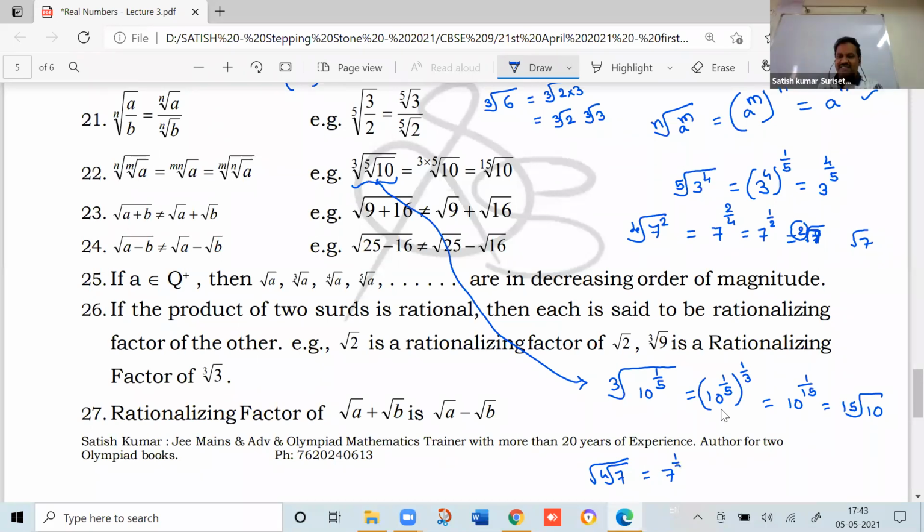Yeah, 1 by 8, not 6. You should not add, you should multiply. Now, in the radical form, you tell me how to read and write. Radical form: 8th root of 7.